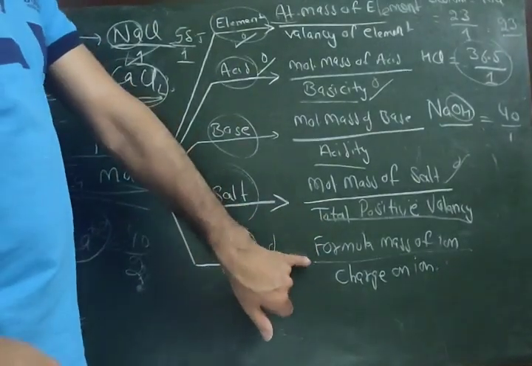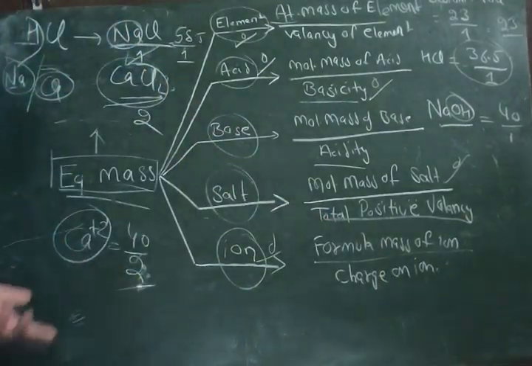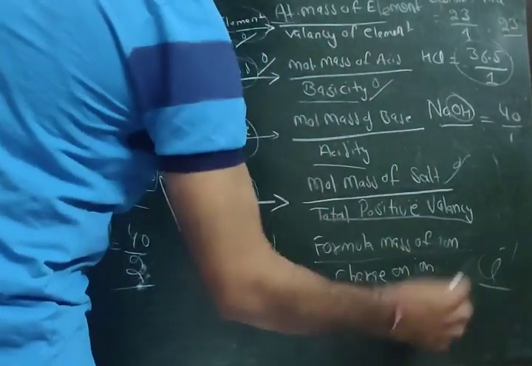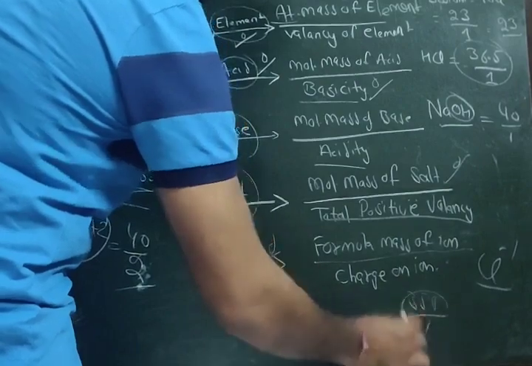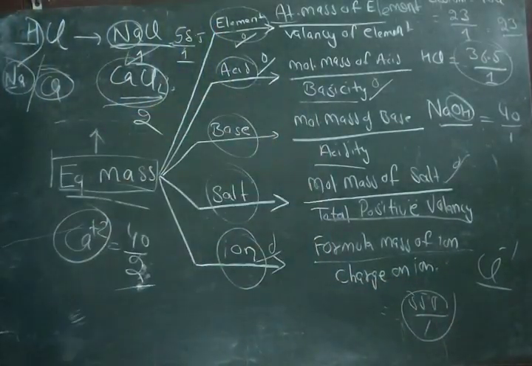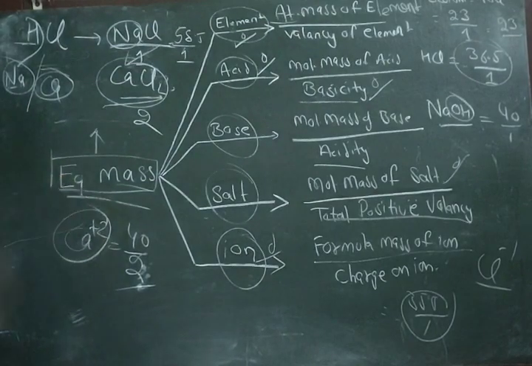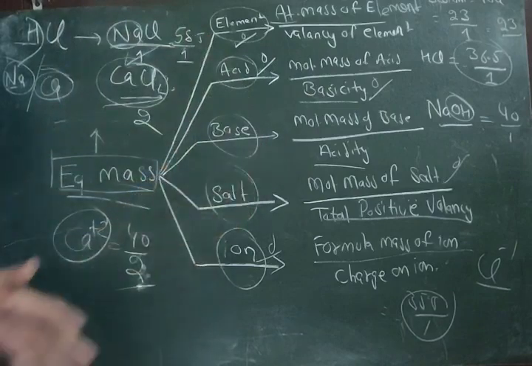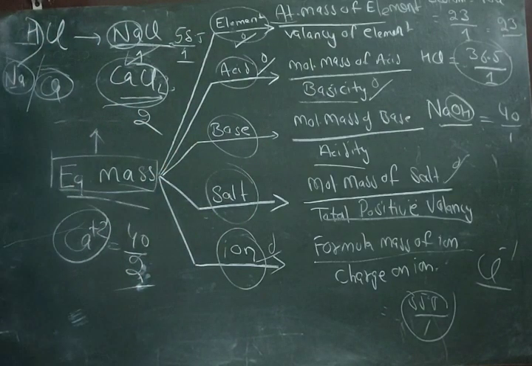So whatever the charge on it, that is the denominator. Say chlorine -1, so it will be 35.5 divided by 1. Okay, so that's all about the equivalent mass. Do it carefully, understand it, and now we are able to calculate the normality on the basis of equivalent mass.